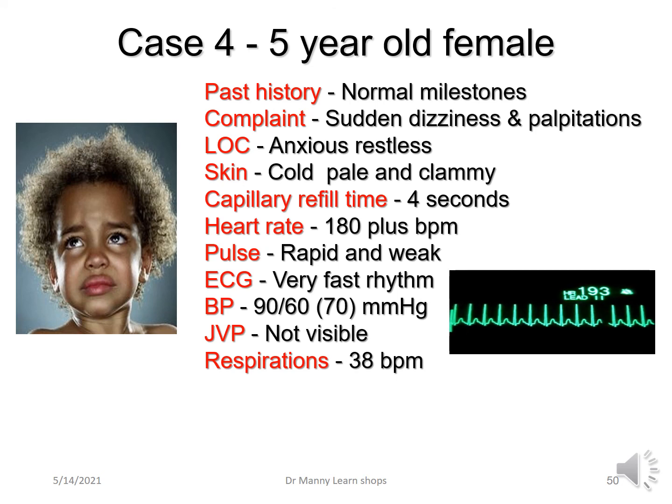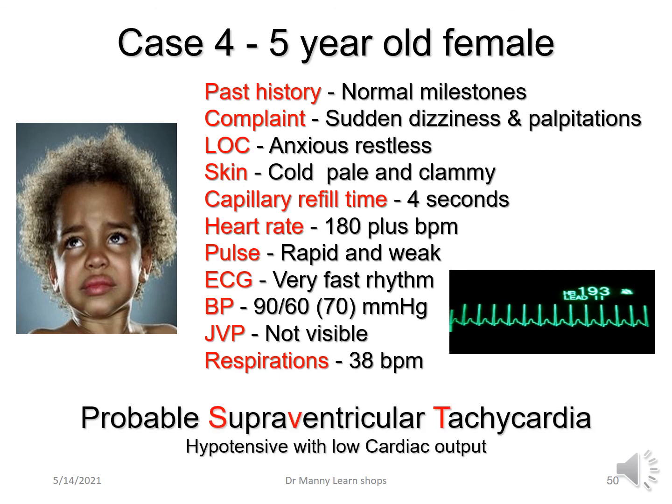Her ECG is really fast. Her blood pressure is acceptable at 90 on 60. Her JVP, she's a kid, is typically not visible. Respirations are about 38 breaths per minute. What are these non-invasive hemodynamic parameters potentially telling us? Well, she probably has a supraventricular tachycardia, with a low cardiac output, even though the blood pressure is acceptable for her age group.